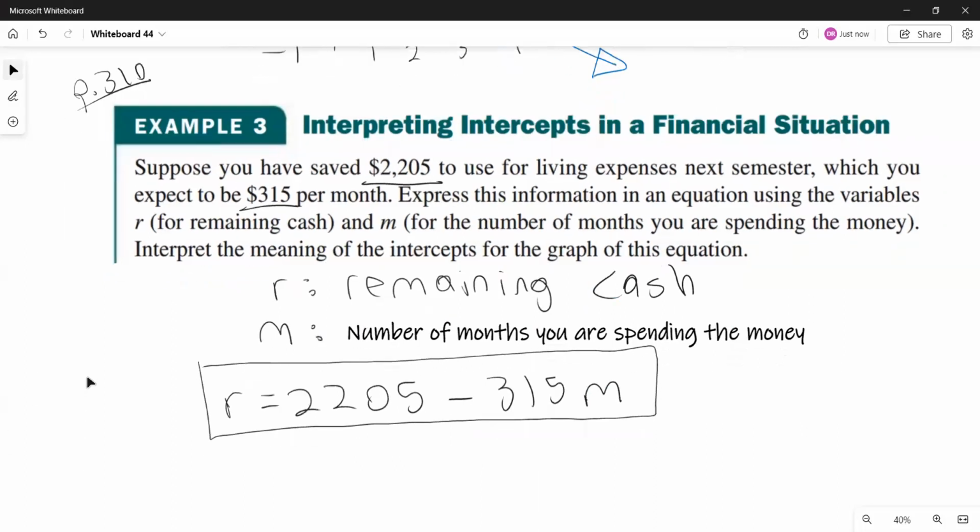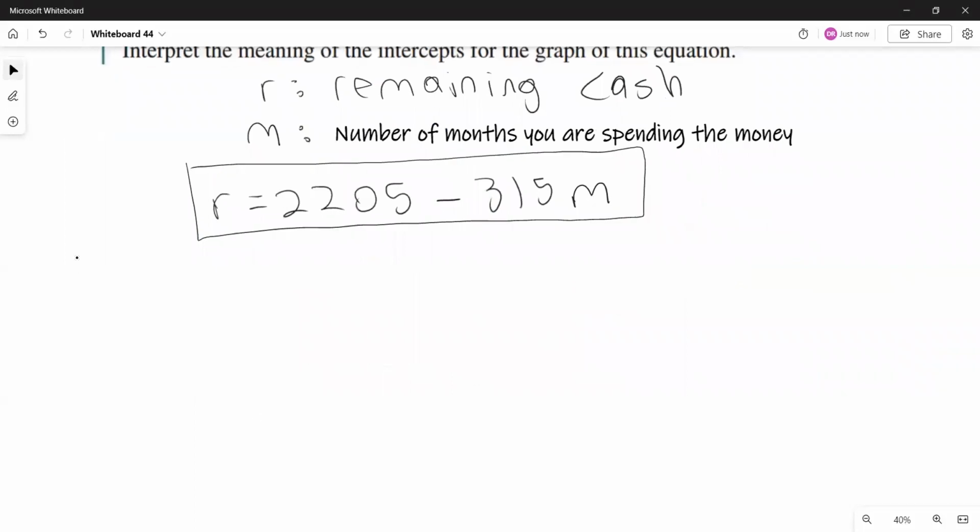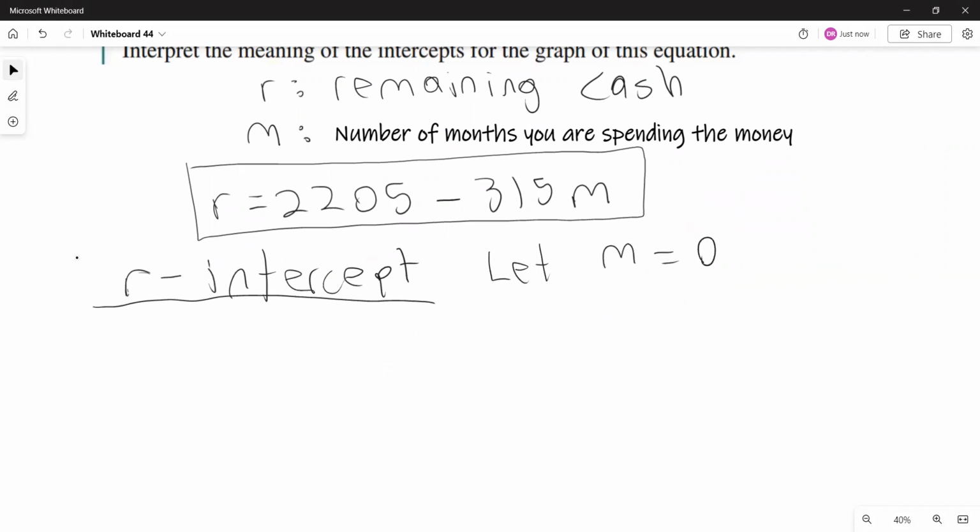We're going to call this the R-intercept. If we want to find the R-intercept, we're going to let M be 0. If we let M be 0, we know that R is 2,205 minus 315 times 0, or 2,205.